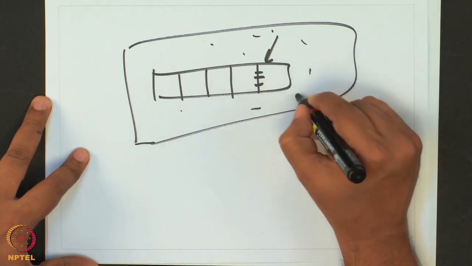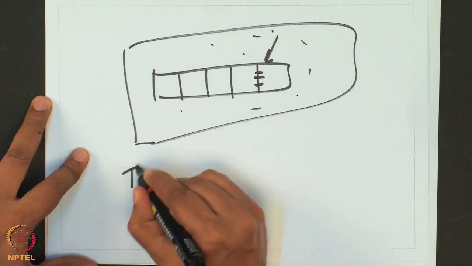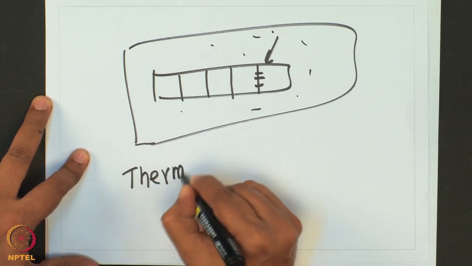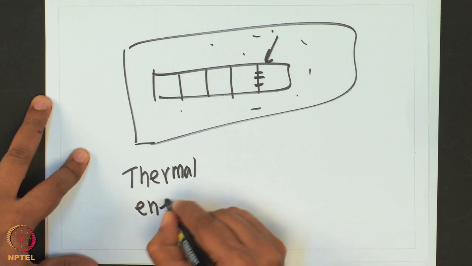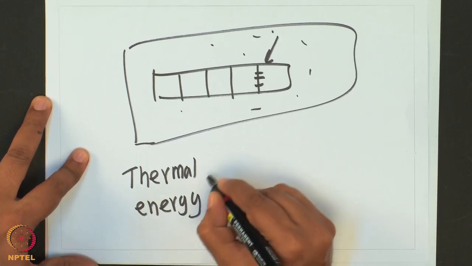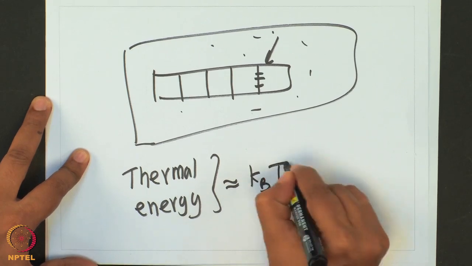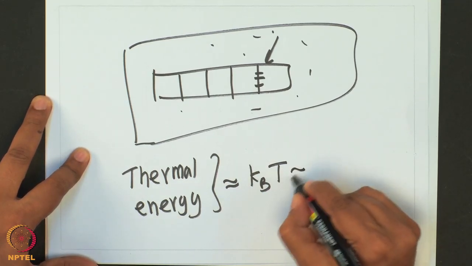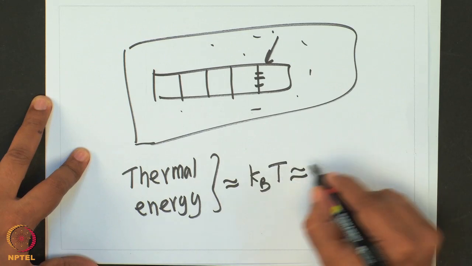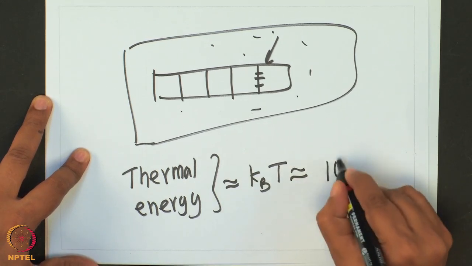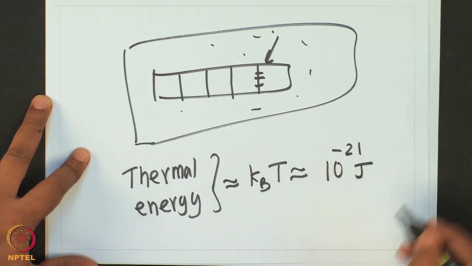The energy due to temperature is called thermal energy. The amount of thermal energy is kBT. If you do the math, at 300 Kelvin this is approximately 10 power minus 21 joule.